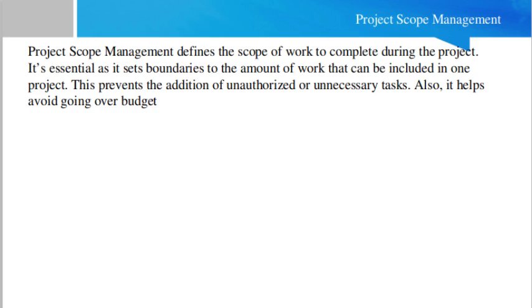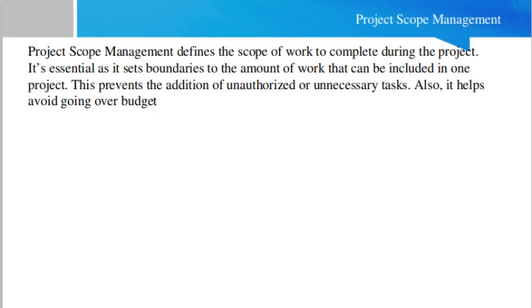Basically, friends, as a project manager, we have to deal with many aspects of a project, for example communication, risk, issues, cost, time, stakeholders. So one of the aspects is the scope. We can say it is the most important factor or aspect of a project. Now what is a scope actually for a project?